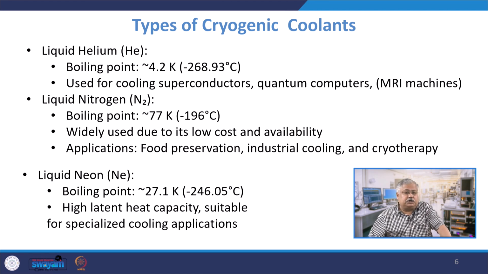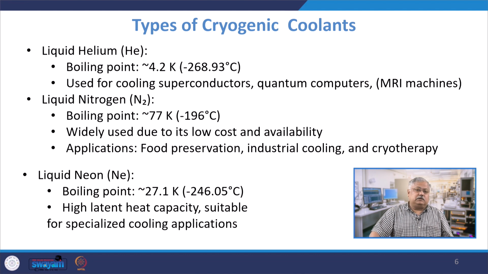MRI machines are huge machines which require constant cooling because they use magnetic resonance, which is a very power dissipative element, and therefore it gets heated up very fast, and to cool it down you require a large amount of coolant species, specifically helium.